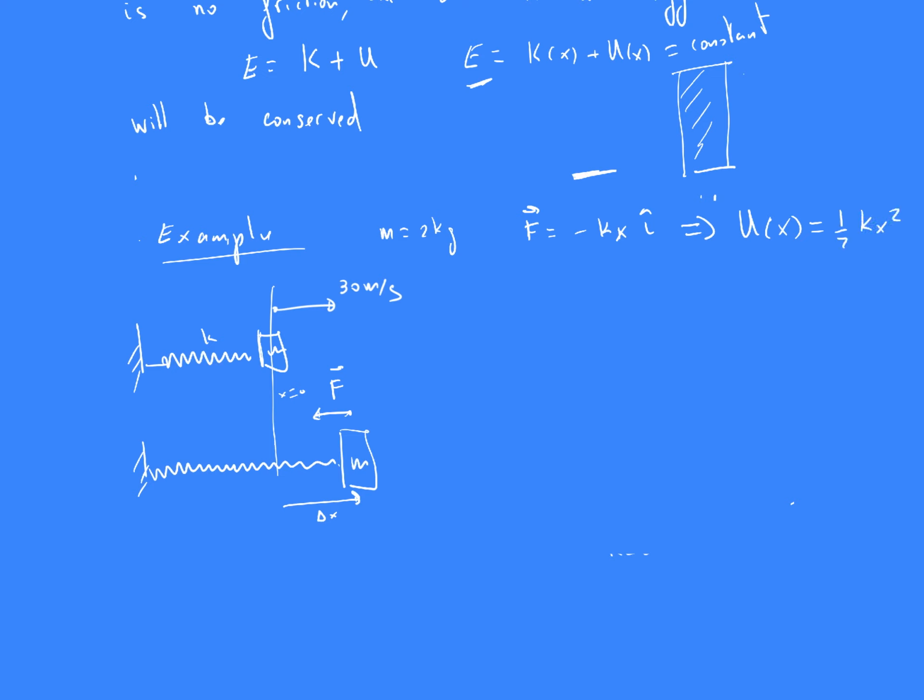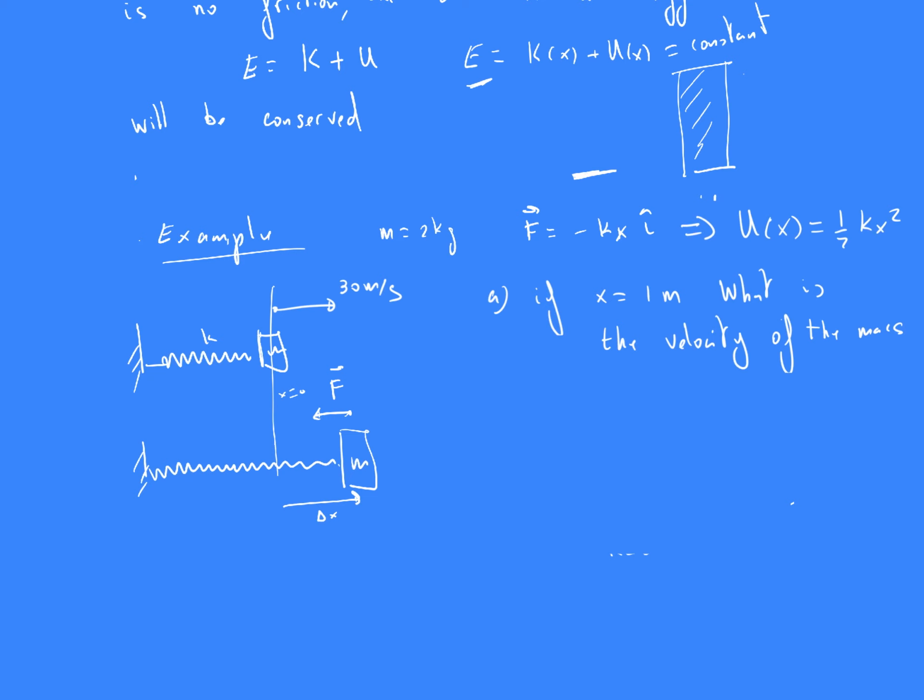So the problem is, part A: if x equals 1 meter, what is the velocity of the mass?